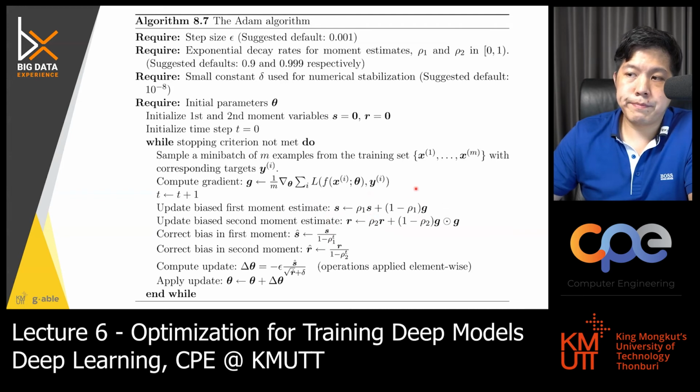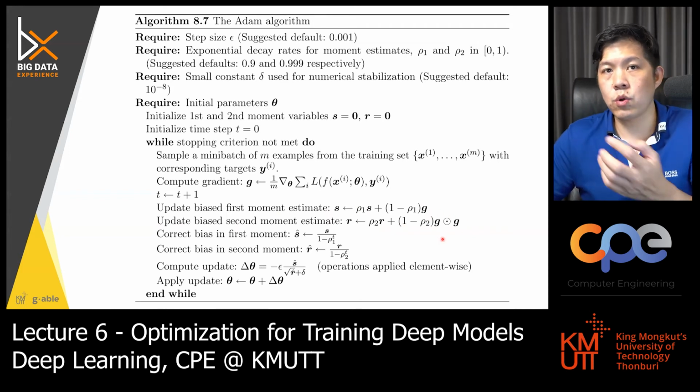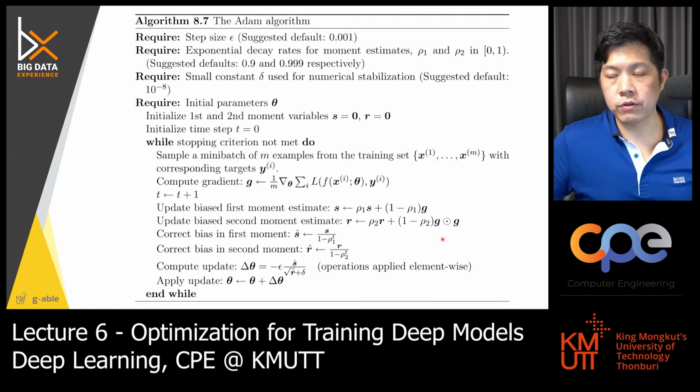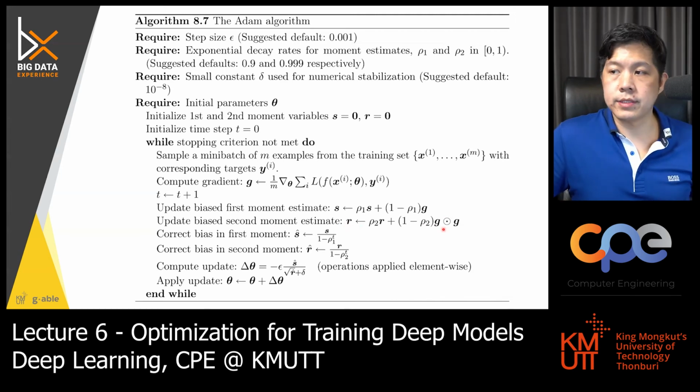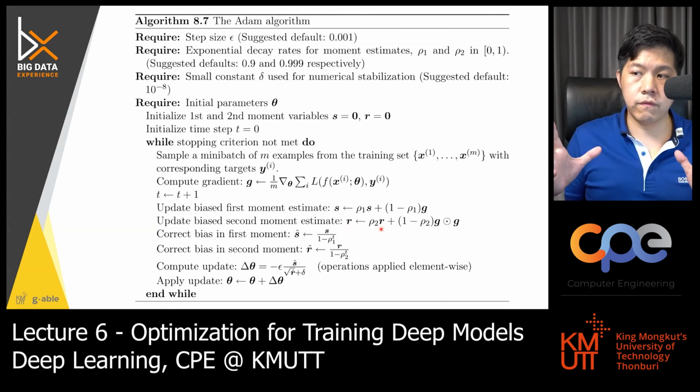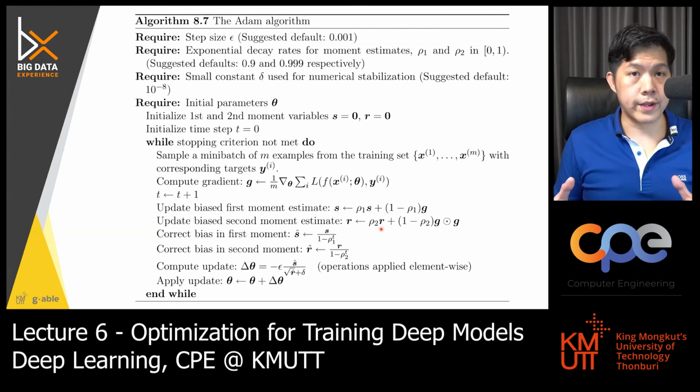Think of it as the expected value of the gradient. The second one is the second moment, but when you look at it, it's just g times g. This is the gradient squared, just the magnitude of the gradient. It's called second moment because it has this square, and you are actually computing the expected value of the size of the gradient squared.